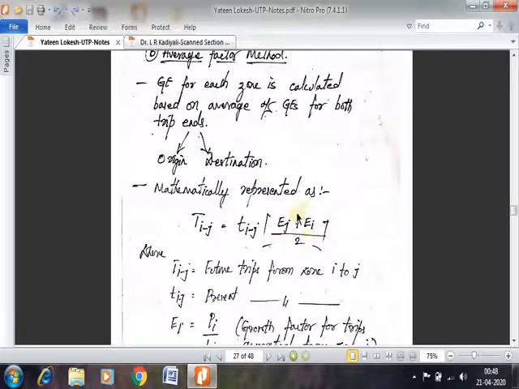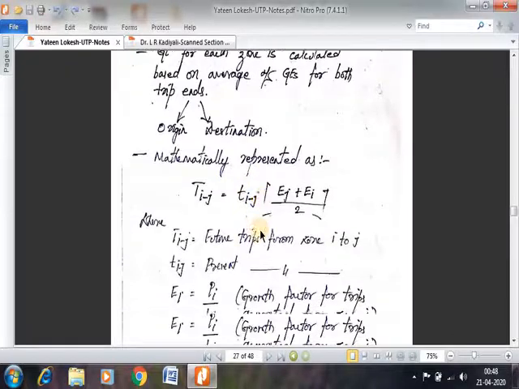So this is the average of the growth factors. There are two growth factors here: the origin growth factor, denoted by Ei, and the destination growth factor, denoted by Ej. The average of these two will be multiplied with the number of trips happening in the present state.